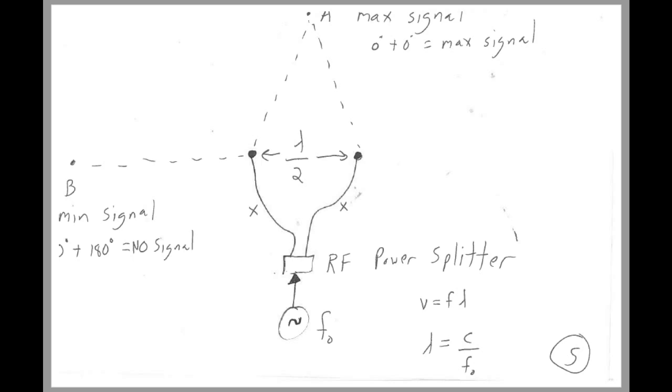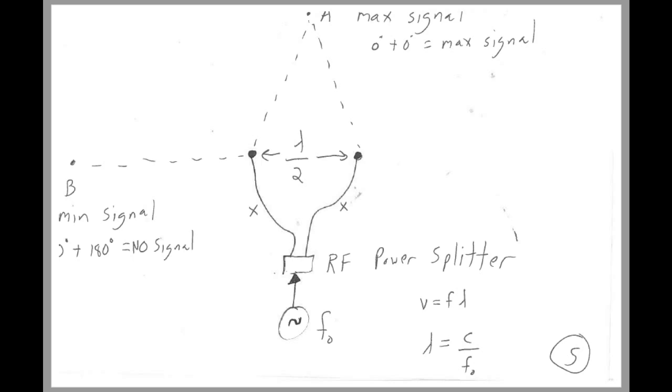They could be two dipoles, two monopoles that are both vertically polarized, and we have two positions, position A and position B. These are two positions in the far field from these two antennas. And these two antennas are hooked up to one signal generator at frequency F0. It goes through an RF power splitter. This is not a T. This is a true RF splitter.